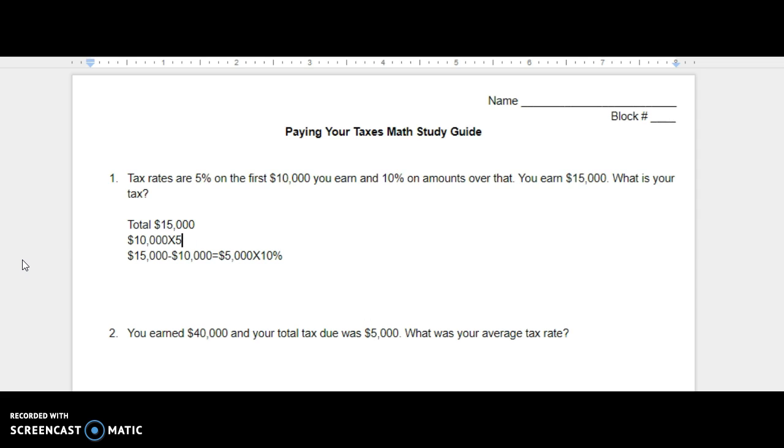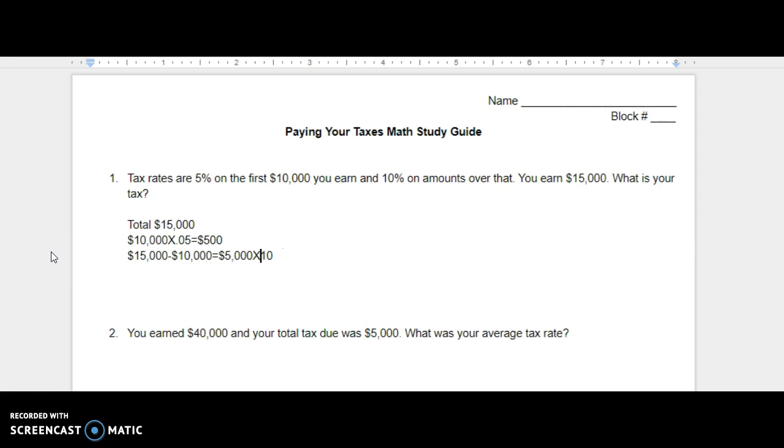So 10,000, we're going to take that and move the decimal over, so we've got 0.05. So 10,000 times 0.05 or 5% means we pay $500 within that tax bracket. The second bracket, remember we already paid our first $10,000, so we need to tax our last $5,000 at 10%.